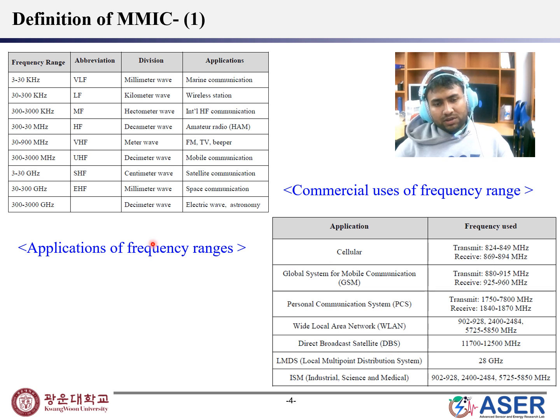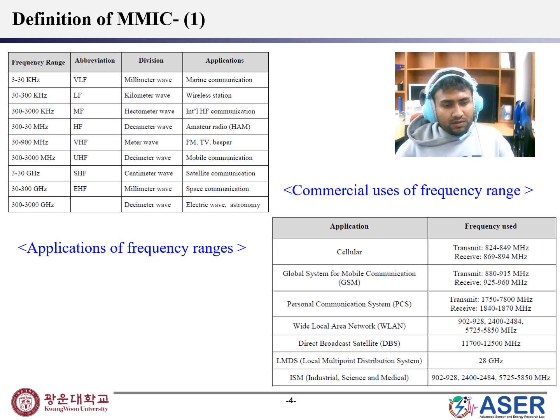This was the frequency range and commercial uses of frequency. For commercial uses of frequency range for cellular application, the transmit frequency range is 824 to 849 megahertz and the receiver frequency range is 869 to 894 megahertz.